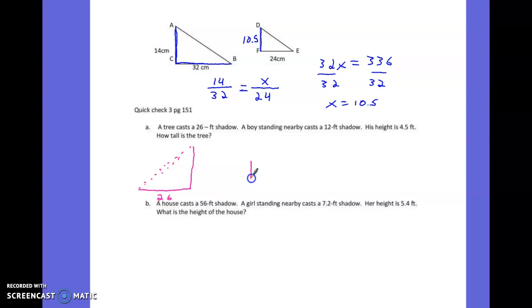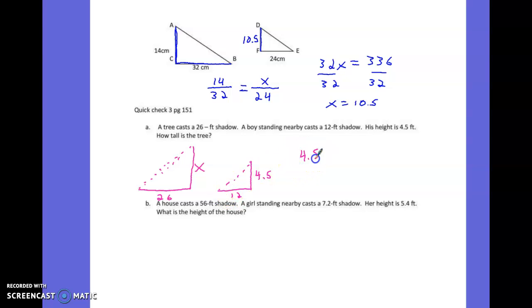He is casting a 12-foot shadow, and his height is 4.5 feet. Again, similar triangles. We're looking for the height of this tree, so we call that our unknown x. Set up a proportion. 4.5 goes along with x, and 12 goes along with 26. We can set up 12 over 4.5 equal to 26 over x, or 4.5 over 12 equal to x over 26. It doesn't matter because we're going to cross multiply, and it'll all work out.